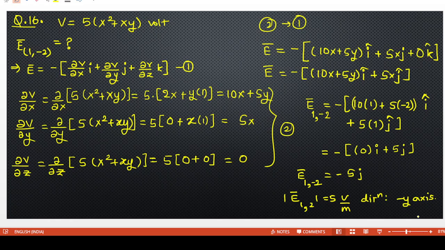Minus 5 j cap means 5 magnitude and minus j cap direction. You yourself can put the value of x equal to 1 and y equal to minus 2.